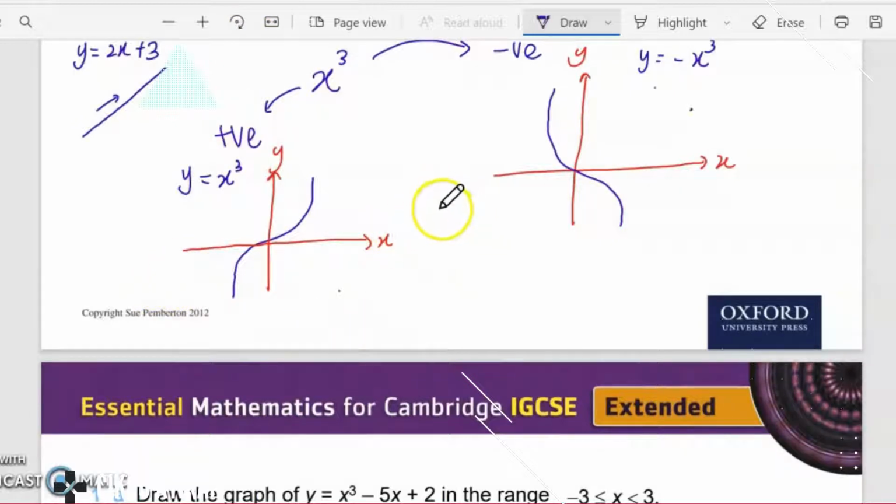Let's say when you draw, you look at your drawing and suddenly there is one sitting in the negative part, or you start from the left to the right. That means you are doing something wrong in plotting the graph. It means a few points you plotted wrongly on the graph.